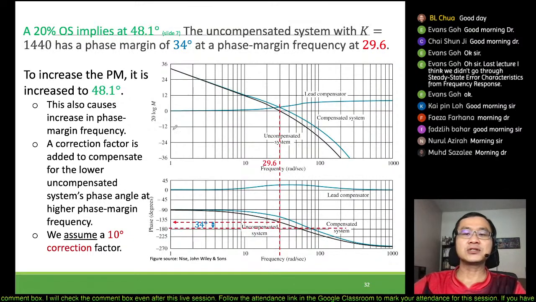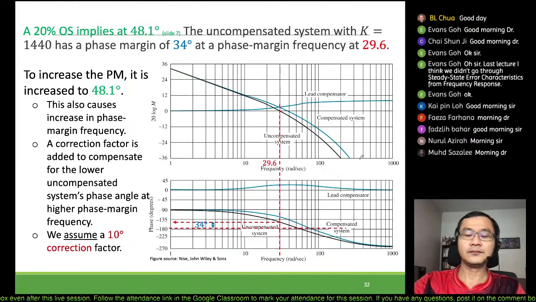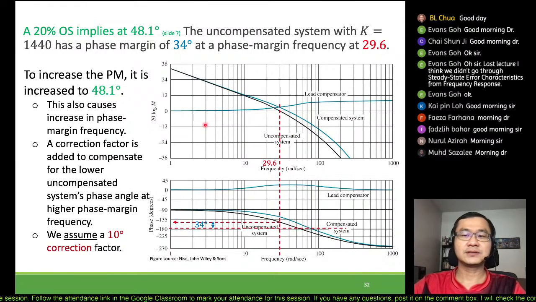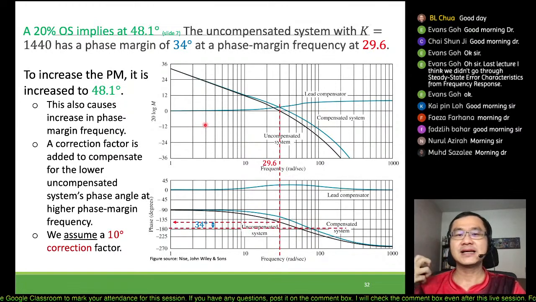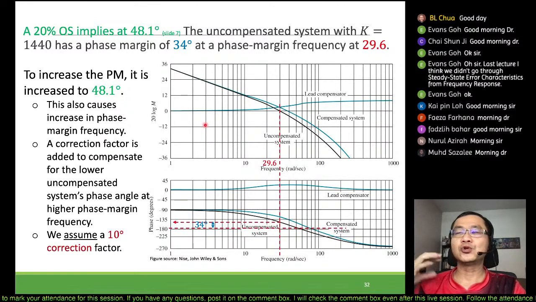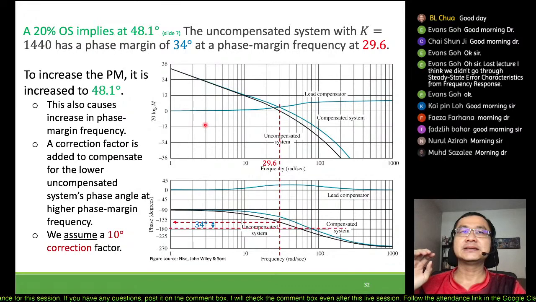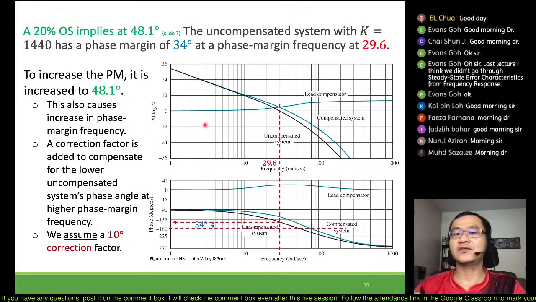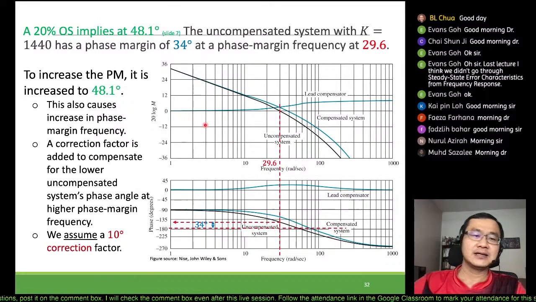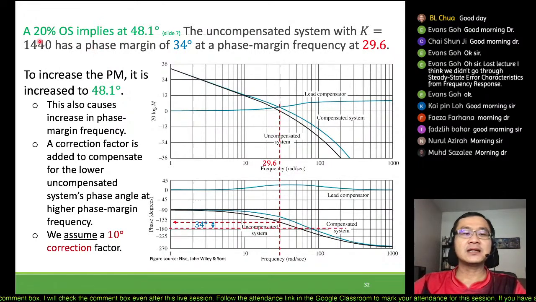Once you plot it out, you would want to observe it to get all the parameters you would want to put into the compensator's transfer function, the GC. First of all, 20% overshoot would give us 48.1 degrees.